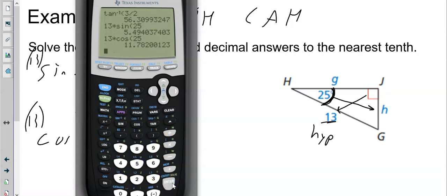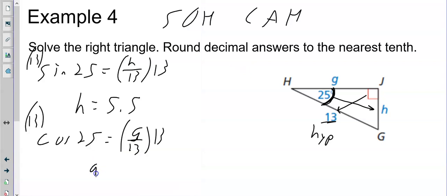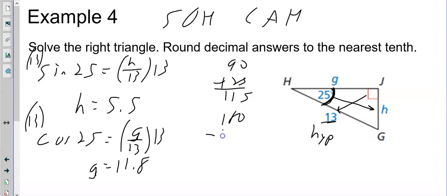And we get 11.8. So now we know our side lengths. Then to find the other angle, G, all we need to do is add 90 plus 25, and then do 180 minus 115 to get the missing angle of 65. So angle G is 65 degrees.